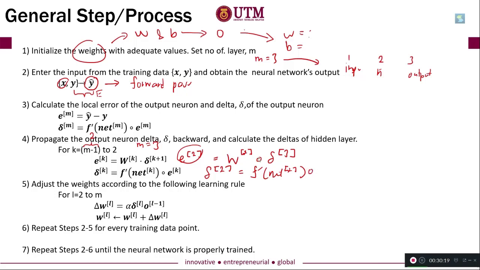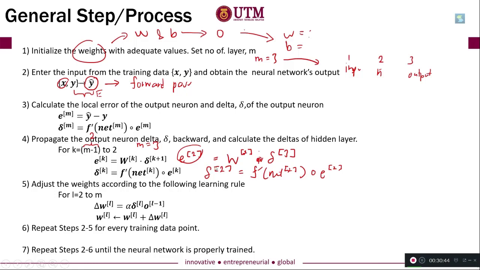Sorry, this is dot, the element-wise multiplication between f apostrophe and your net 2. Because this is not looping, it just executes one cycle only, then finishes. Then you get the delta of the hidden layer.